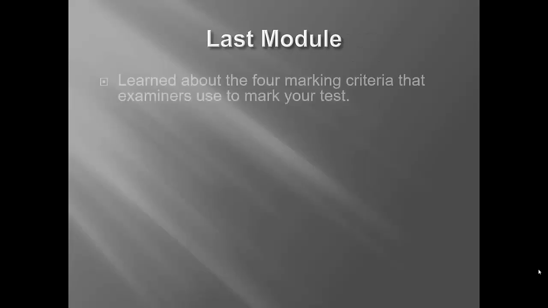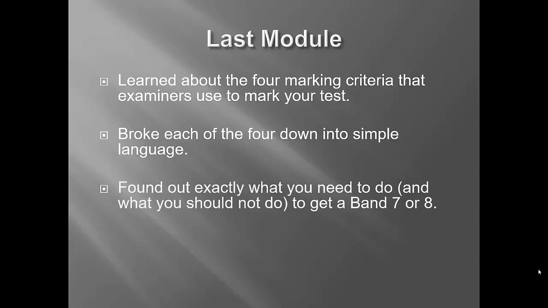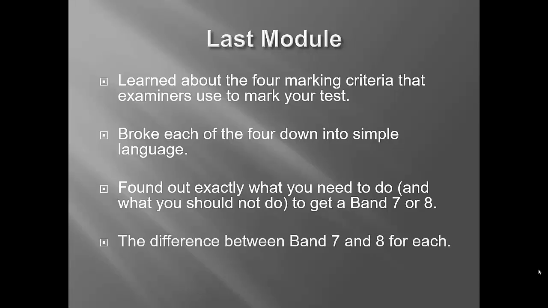So in the last module, we learned about the 4 marking criteria that examiners use to mark your test. We broke each of these 4 down into simple language, and we found out exactly what you need to do and what you should not do in order to get a band 7 or 8 or even 9, and the differences between a band 7 and 8 for each of the 4 criteria.